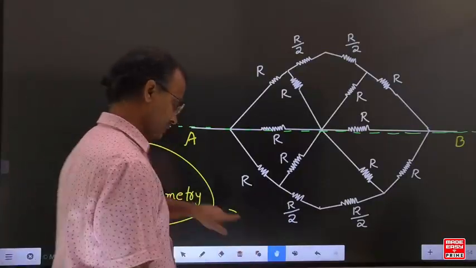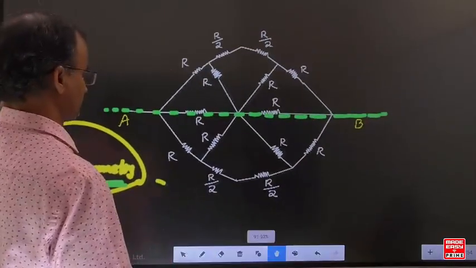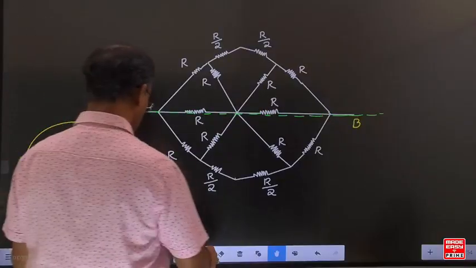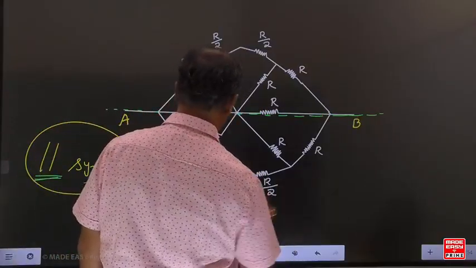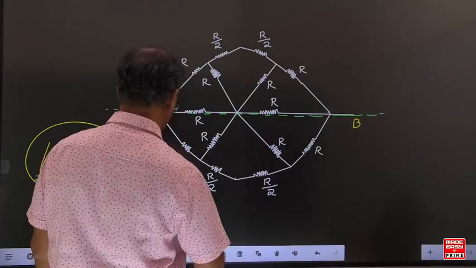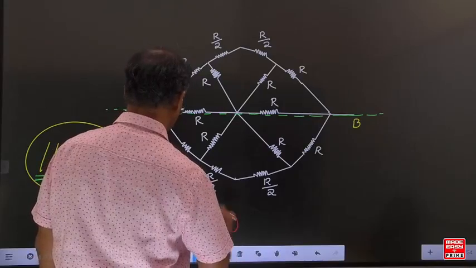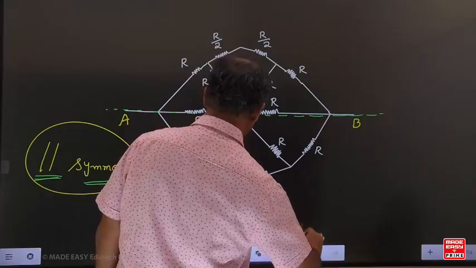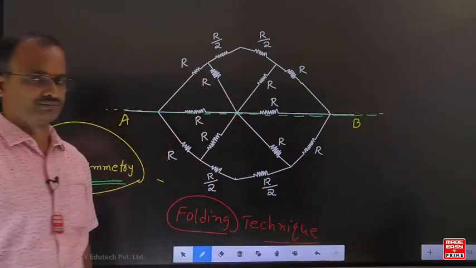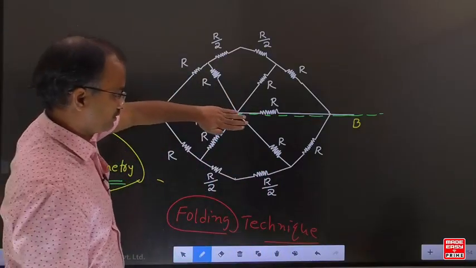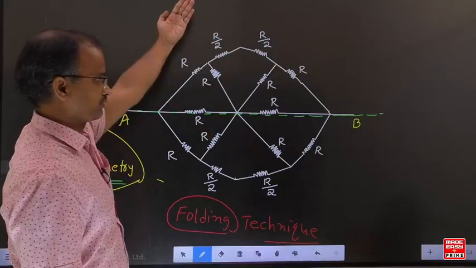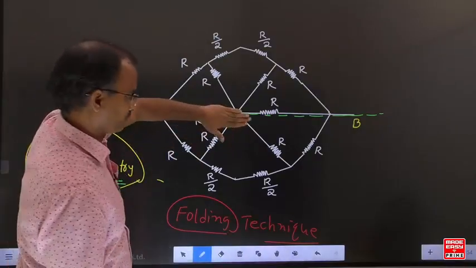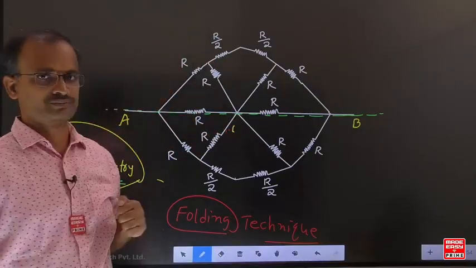Okay. चलिए, let us see how you can solve the problem by using parallel symmetry. With respect to parallel symmetry, simply we apply the folding technique. Folding technique बोलता हूँ, see, the lower part of the network is folded upwards.